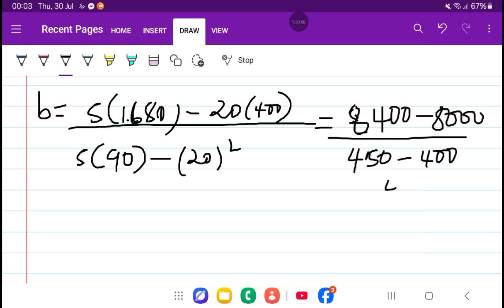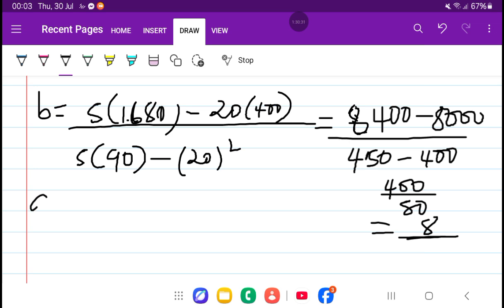So this is 400 over 50. You will see that here we are getting 8. The other side we got 0.08. This time round we are getting 8.